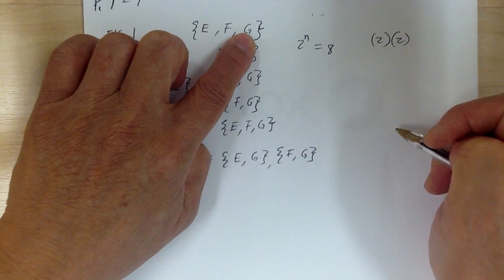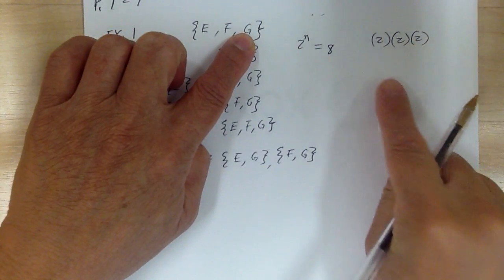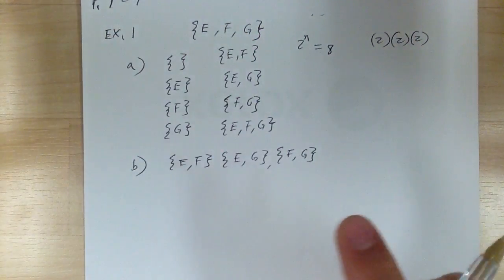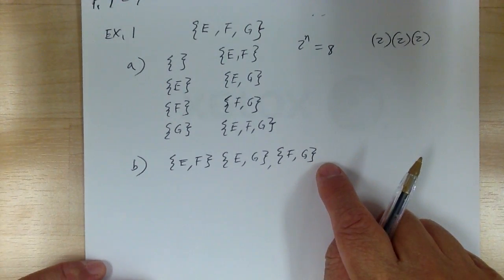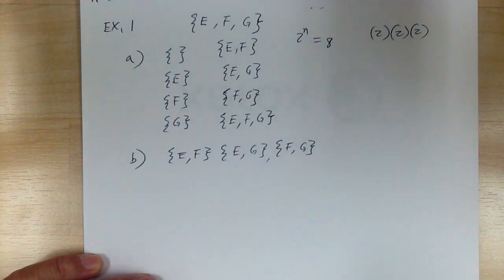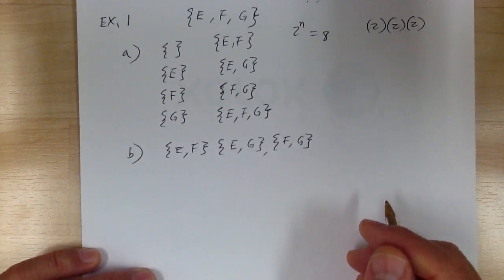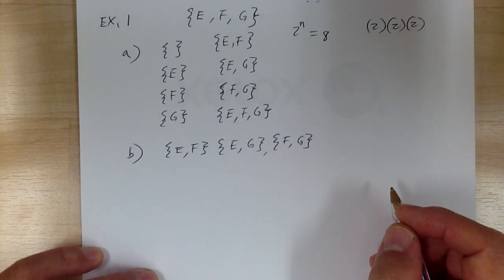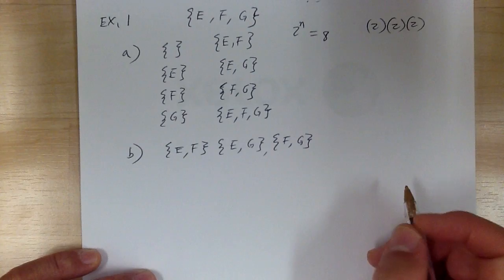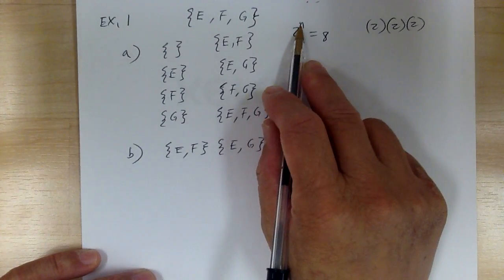To use the G or not use the G, there are 2 choices. And that's why it's 8. So that's how you figure out the total number of subsets possible. Those on the math team, you got to know this, especially if you're going to do combination, permutation, or probabilities. So again, 2 to the n.